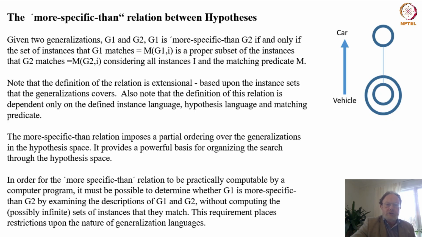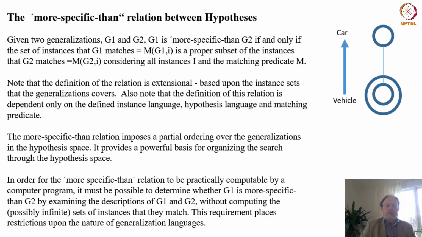If we have two generalizations G1 and G2, G1 is more specific than G2 if and only if the set of instances that G1 matches is a proper subset of the instances that G2 matches, considering all the instances and the matching predicate.